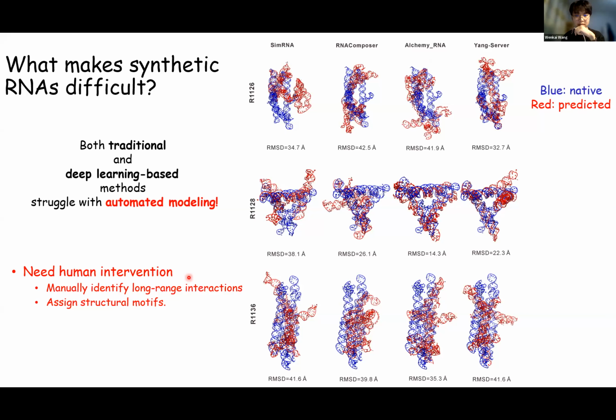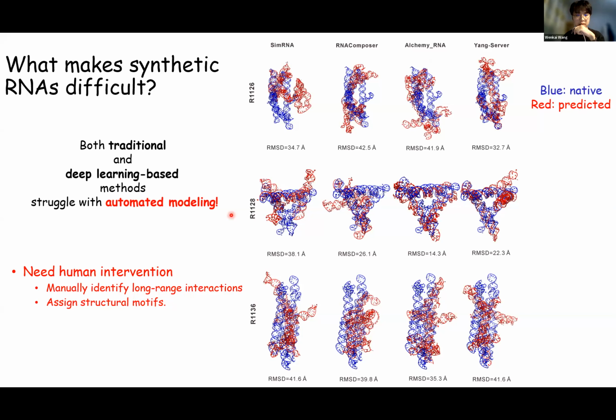Just like Professor Yang said, as mentioned in the paper by the top human groups, the accurate modeling of these RNAs needs human interventions, such as manually identifying long-range interactions and assigning certain structural motifs.